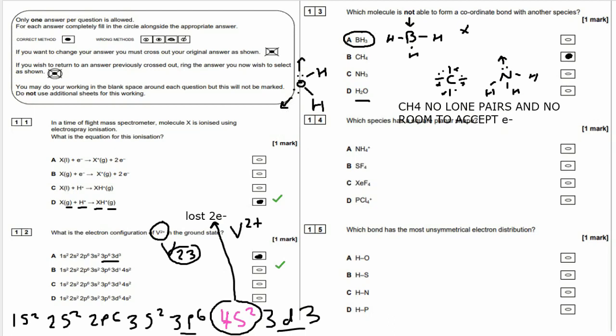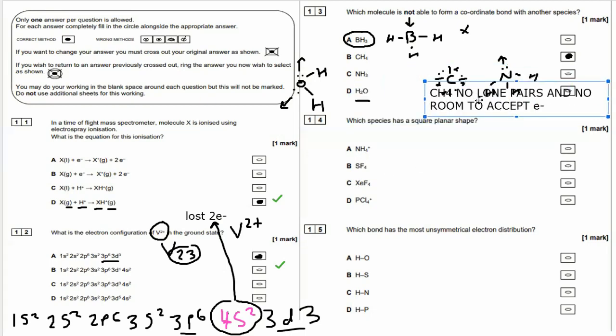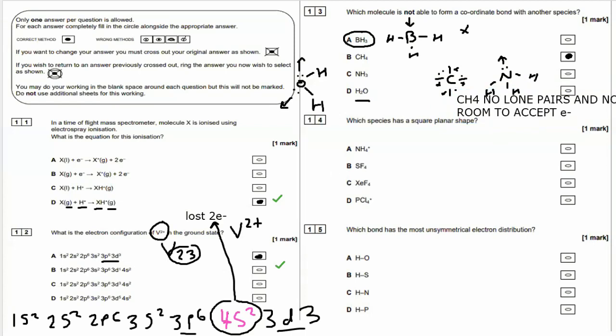Right, which species has a square planar shape? So you should know this off by heart by now. It is XeF4, and this one's in the CGP book and in your textbook at school as well. So it's got 8 electrons around the central atom because essentially it's like a noble gas.